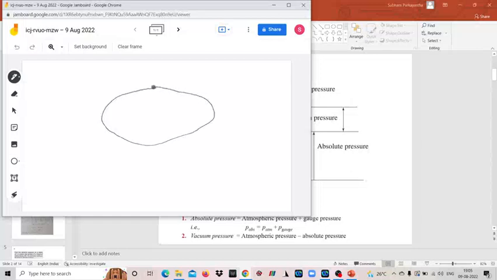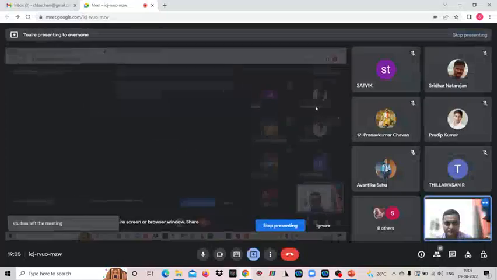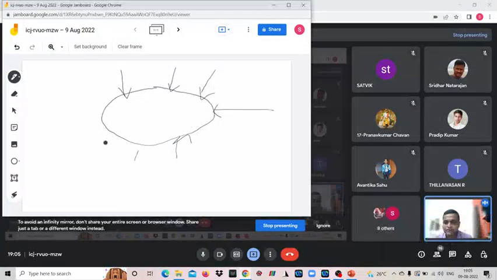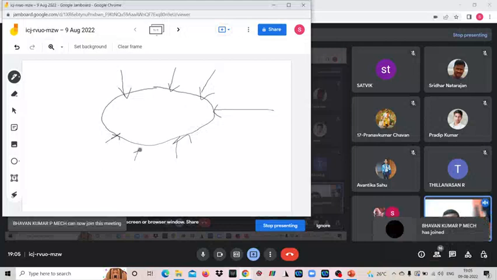Say this is a fluid parcel, a big fluid parcel. I'm not talking about an infinitesimal fluid parcel, but rather you can consider this as a balloon. Now when the pressure acts, it acts like this, that is uniformly on the entire surface of the body. So this is how the pressure acts.